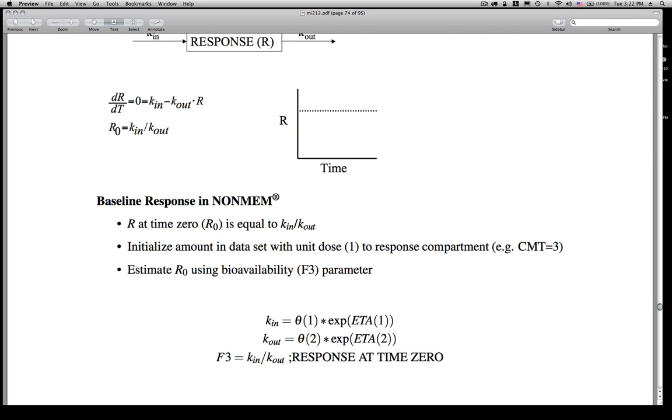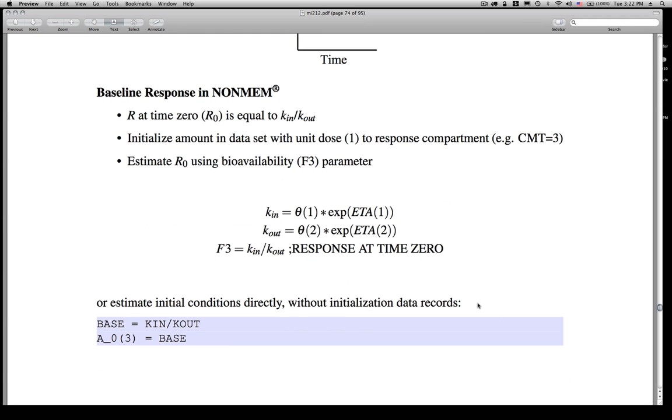So we know that F3 is a fraction that multiplies every amount inserted into a dosing record. We can use F3 then as the estimate of that R0, that baseline time point. It's just another way to initialize the compartment. In NONMEM 6 and 7, we can do it directly through A0.